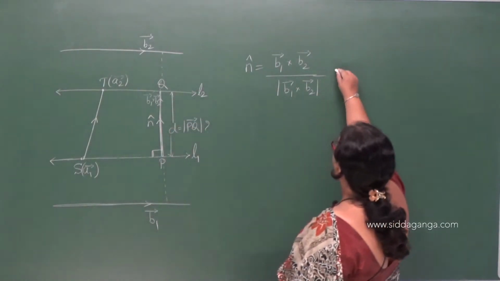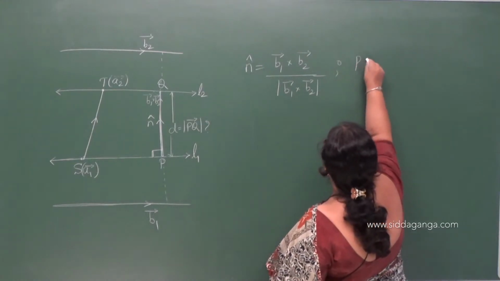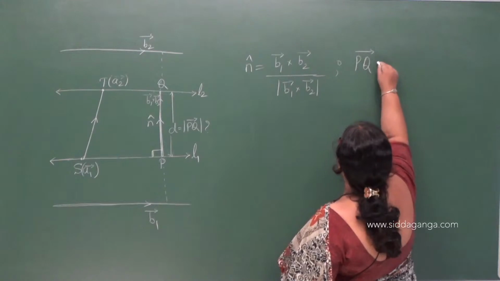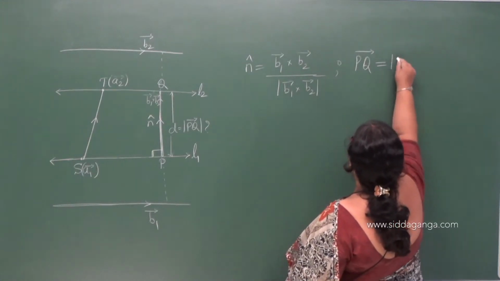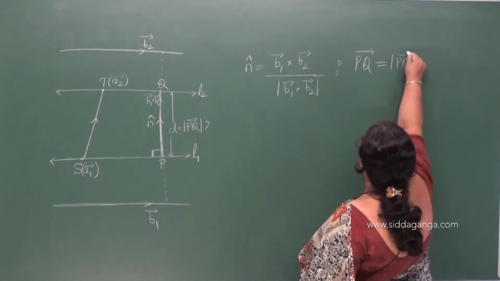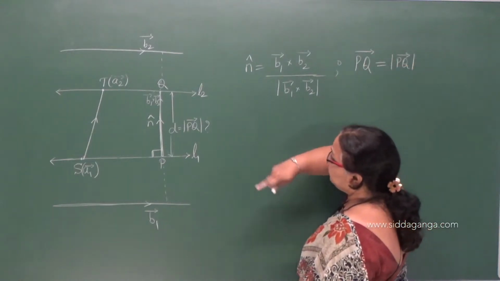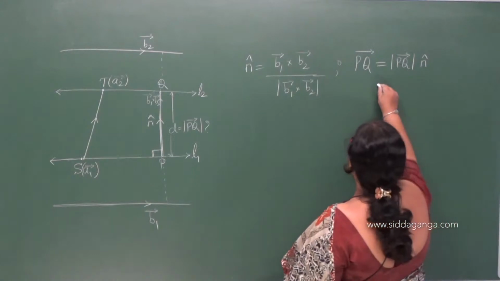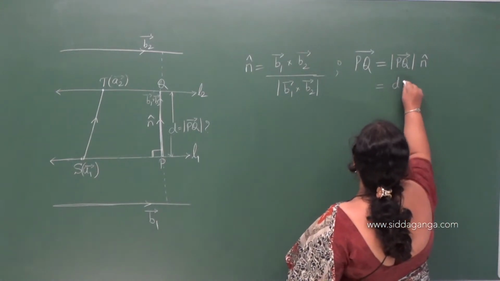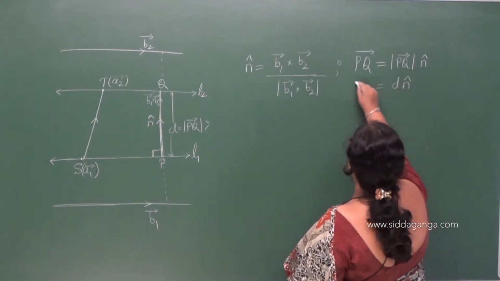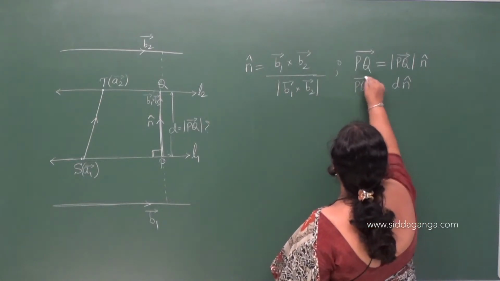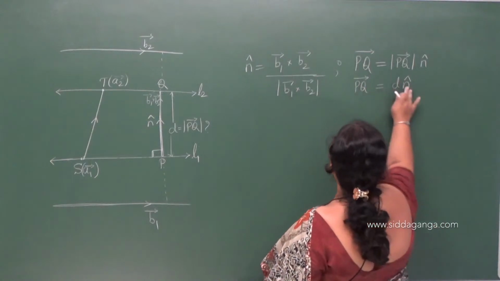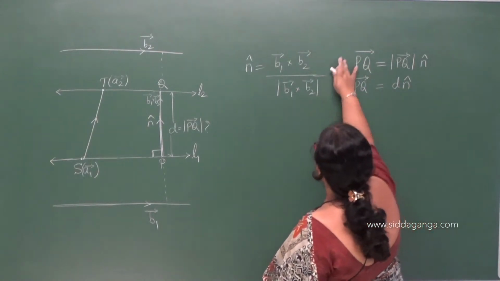So PQ line segment na nan vector ige convert ಮಾಡಬೇಕಾದ್ರೆ magnitude of PQ into the unit vector along its direction is n cap. The magnitude of PQ is taken as D into n cap. This is vector PQ. Or here only you can substitute n cap, then it becomes easier.